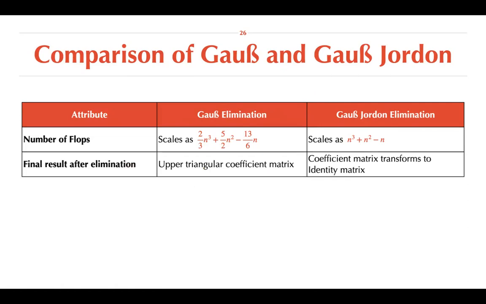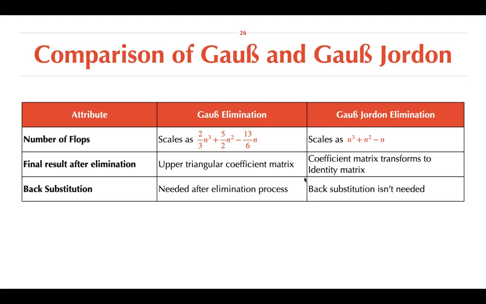The final result after elimination gives you an upper triangular matrix in the case of Gauss elimination, but in this case the coefficient matrix becomes an identity matrix. So you don't have to back substitute. For Gauss elimination, you will eventually have to perform back substitution, but this is not needed in the case of Gauss-Jordan elimination.